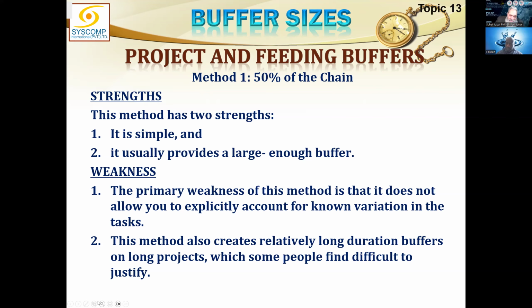This method also creates relatively long duration buffers, big buffers on long projects. If there is a very long project, a 5 years project, the 2.5 years is in the buffer, which some people find difficult to justify. So that is probably the reason why we don't usually use this method. But one thing is very sure that this is a pretty good method.